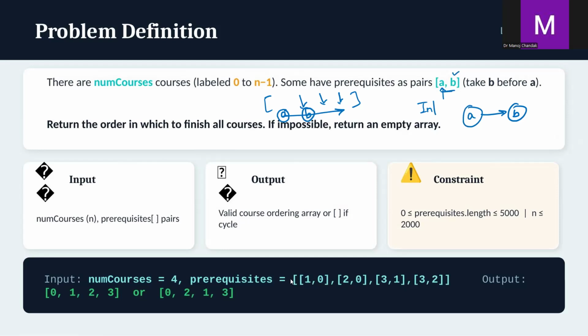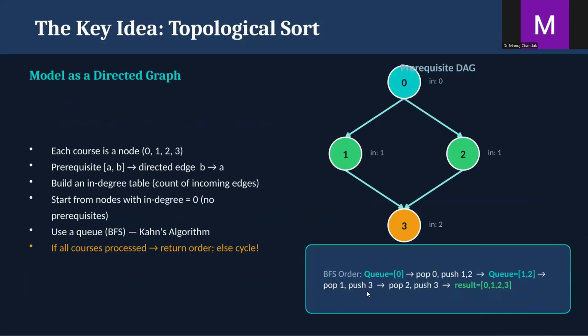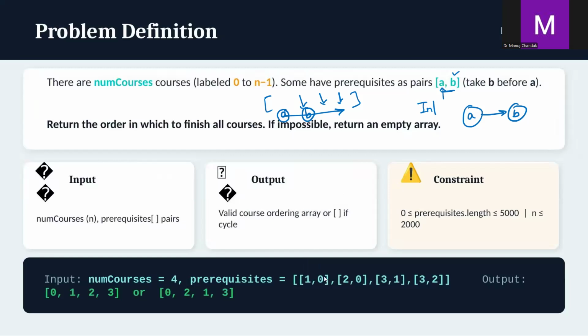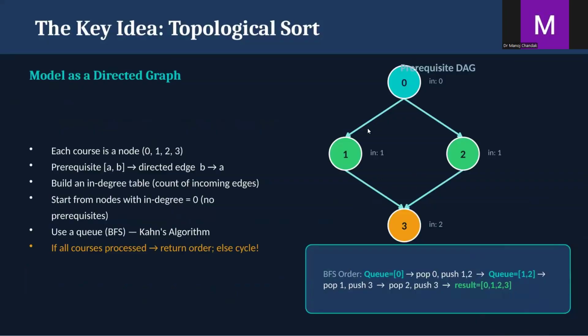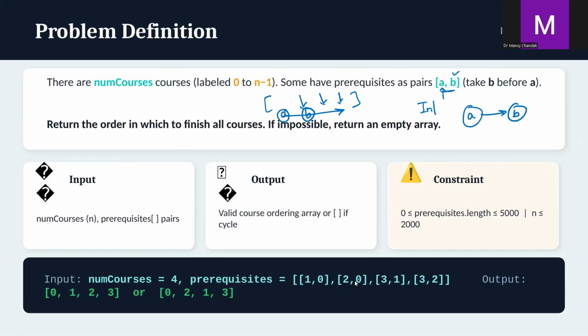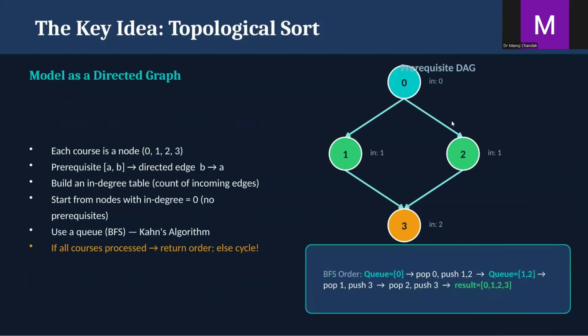If you represent this idea in the form of a graph, we can observe that course 0 does not have any prerequisite. Course 1 has prerequisite of 0. Course 2 also has prerequisite of 0, and so on.